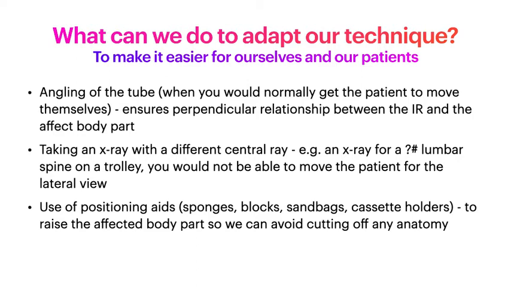So we need to help them, and what we could do is pop an angled sponge underneath the image receptor, and one underneath the ankle as well, so we raise the affected body part and keep it in the same place so that we get the entire area of interest.